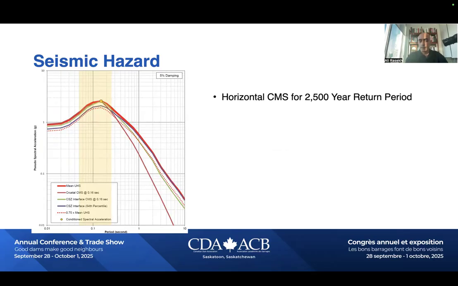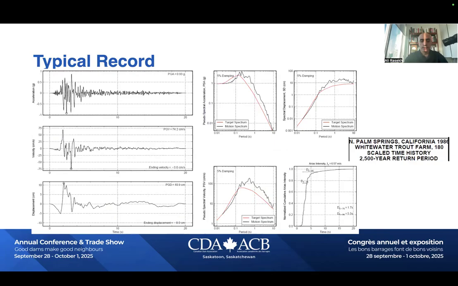The CMS method was used for scaling the records that were given to us. This is a typical record in the horizontal direction, again from the report, giving us the acceleration, velocity, and displacement, and the correlated spectral values for this. Also the Arias intensity.